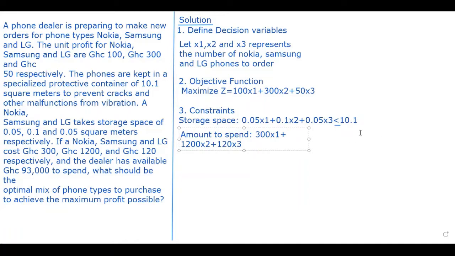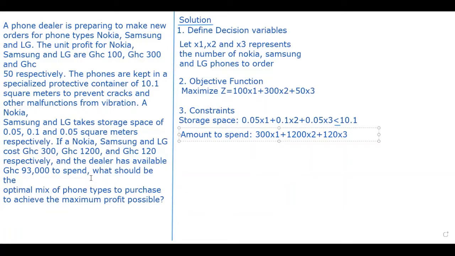And I taught you this: this one is not equal to. I taught you this under linear programming when we were about to start. When you hear the words available to spend, for example, when you have 100 cedis on you, you cannot spend more than what you have unless you borrow. What you spend within, let's say, 3 days should not be more than the 100. It can be exactly 100 cedis or less than 100 cedis.